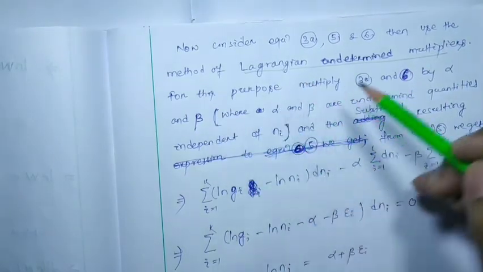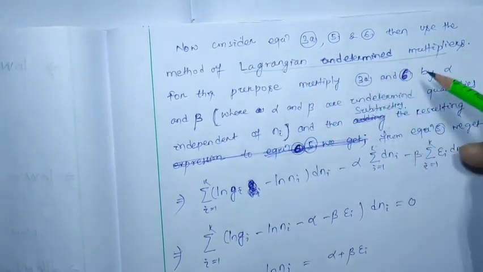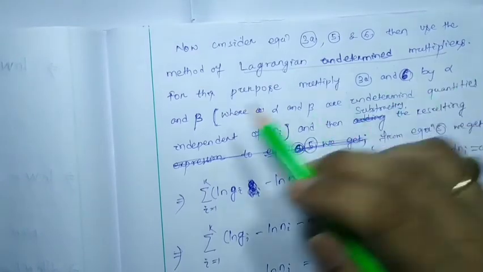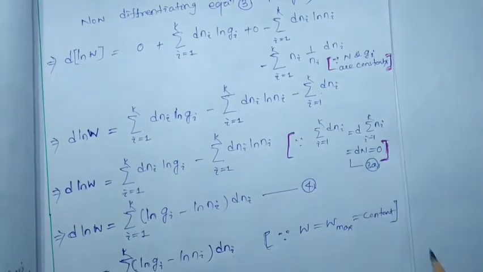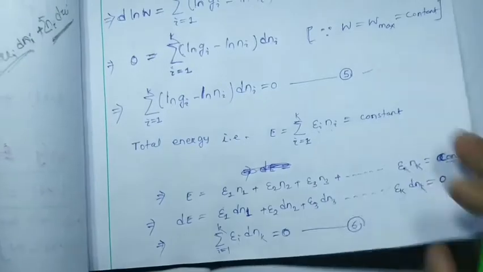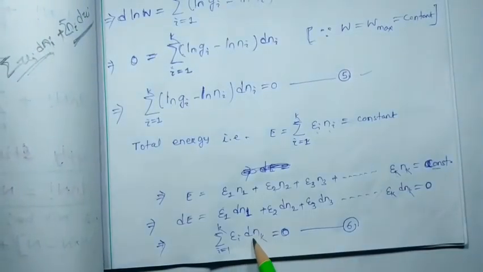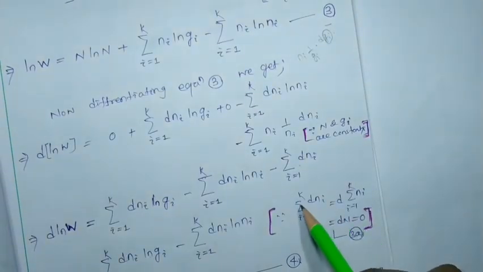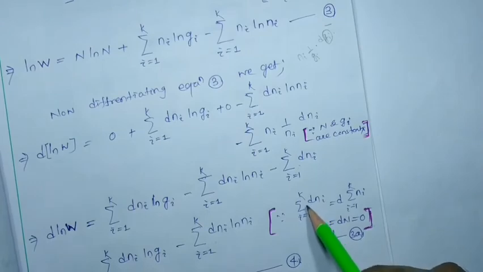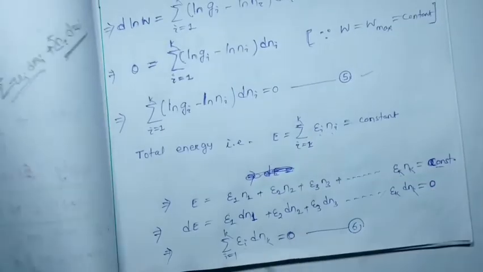For this purpose, multiply 3a and 6 by alpha and beta. The 3a equation is this one, so alpha dni, then beta epsilon i dni.